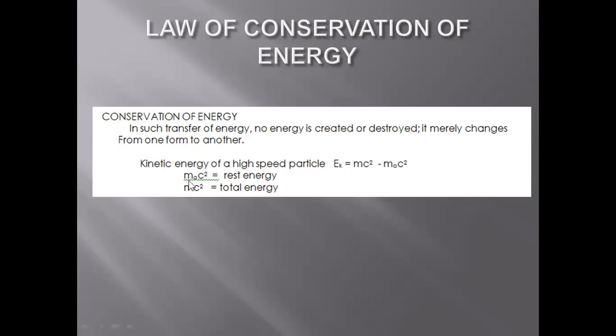So m sub o c squared, or the initial mass of the particle multiplied by the speed of light squared, is equal to the rest energy, and then we have the final amount of mass of the particle multiplied by the speed of light squared. This is equal to the total energy. So kinetic energy of a particle is equal to mc squared.